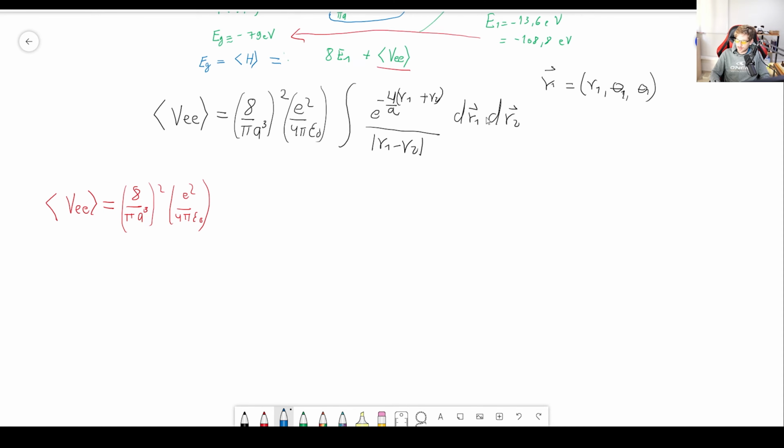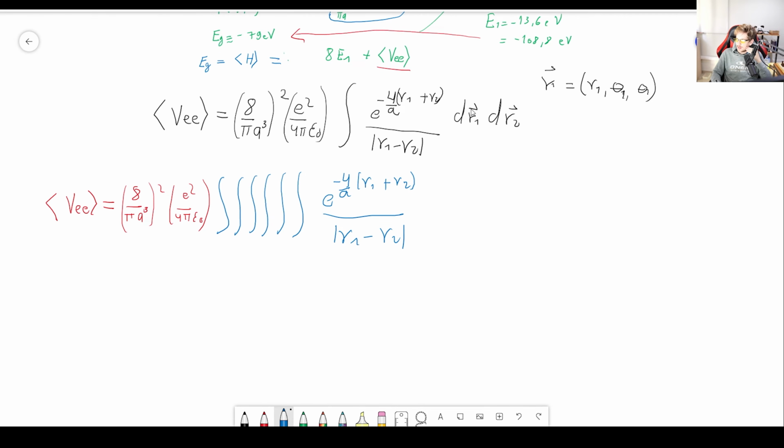Now this integral. Okay, so hold on to your hats. So 1, 2, 3, 4, 5, 6 integrals. And then we get e to the minus 4 over a (r1 plus r2) divided by the absolute value of r1 minus r2.